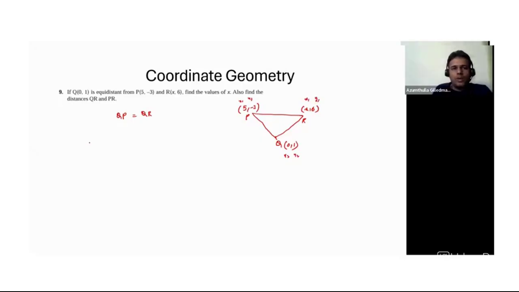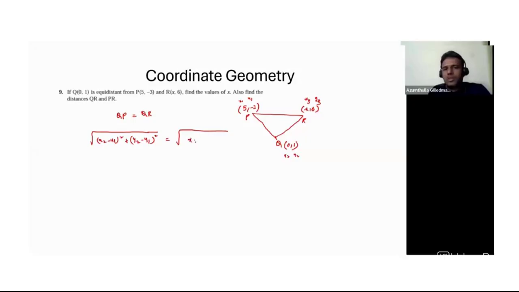Okay, what is QP? QP is the square root of (x2 minus x1) whole square plus (y2 minus y1) whole square, equal to the square root of, let's say this as x3 and y3 because we need to write the formula at the same time. So I'm assuming this as x3 and y3.